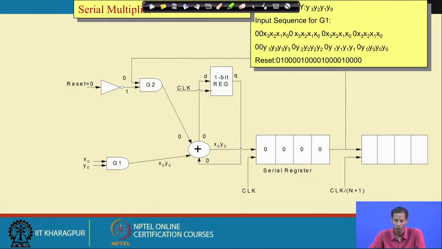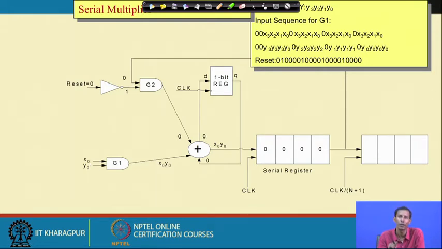Here you see there is one serial register, and this x0 is bitwise serial multiplication. Means what? Serial multiplication, how can we do it?